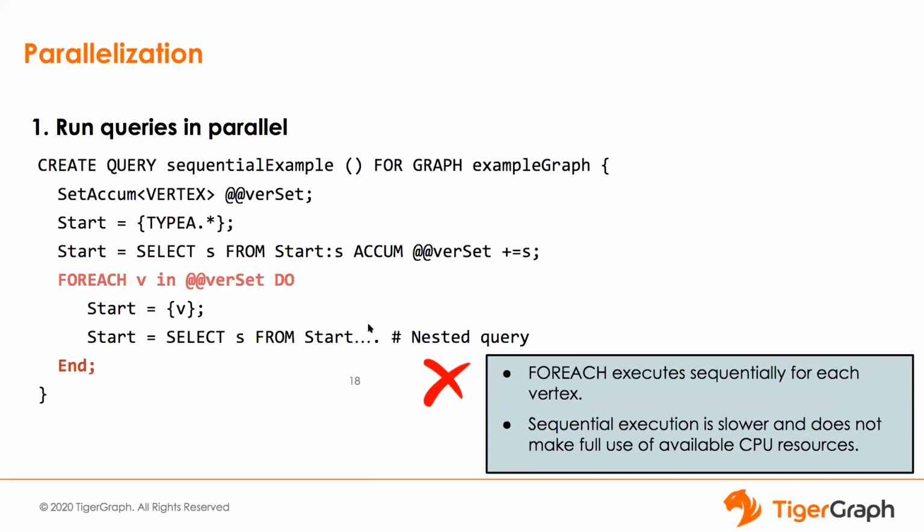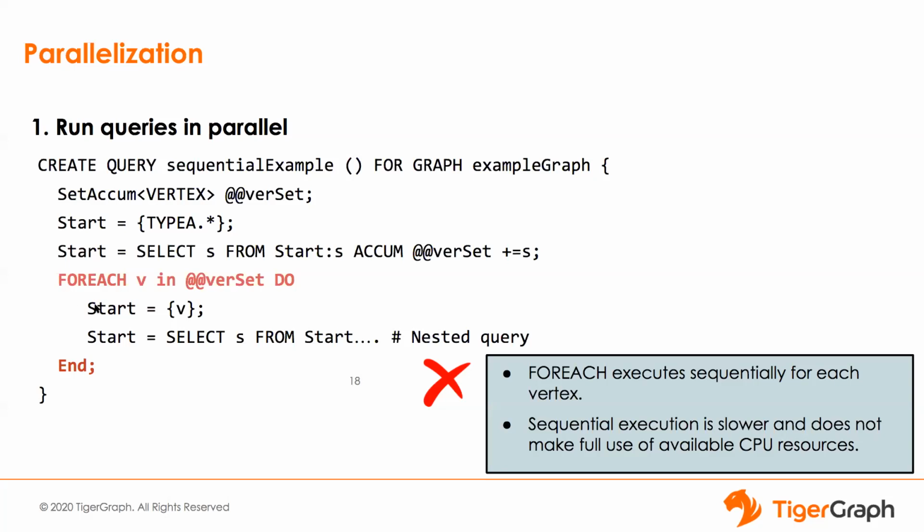Because we know that the accum clause and post-accum clause perform the operations, the calculations, in parallel. That's where the parallelization kicks in. When we run GSQL queries, everything outside the accum clause and the post-accum clause runs sequentially.